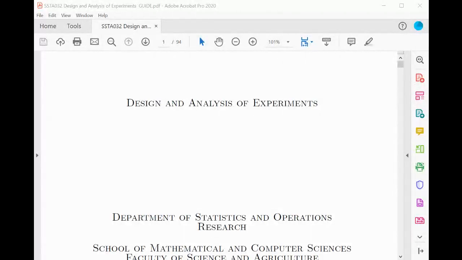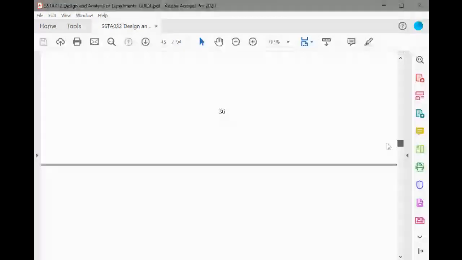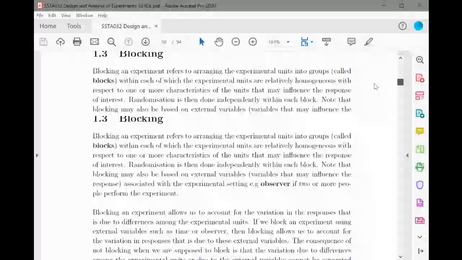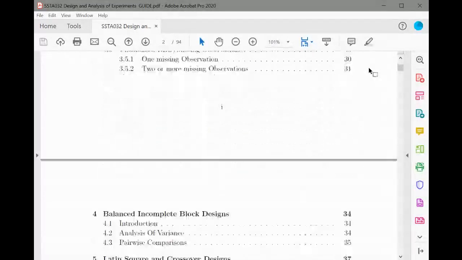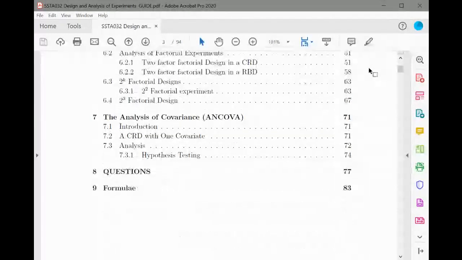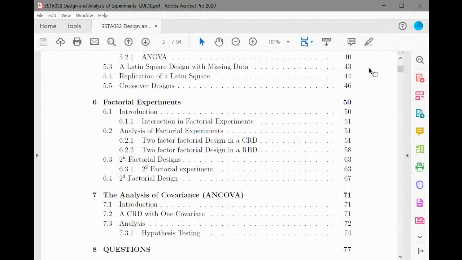So let me share the study guide. What I was trying to say is this part here. For chapter 6, if you check chapter 6, most of the things that you'll be doing here are related to what we have covered with Mr. Ball.